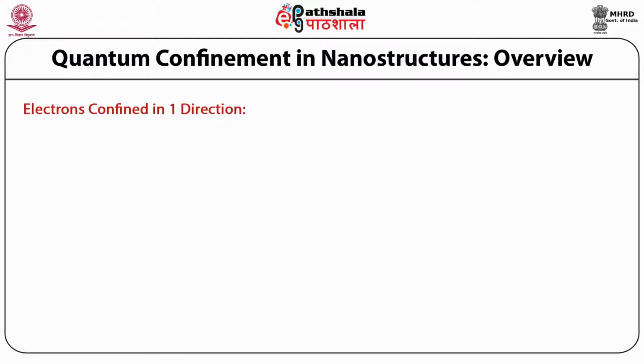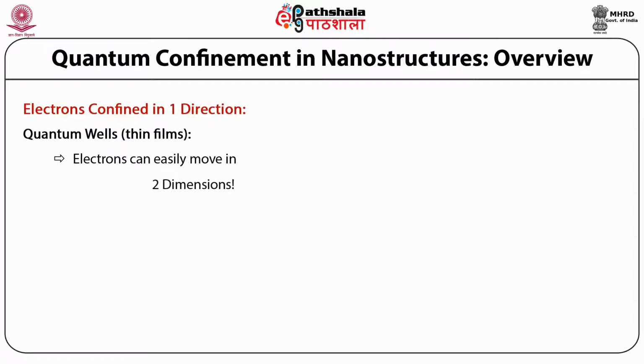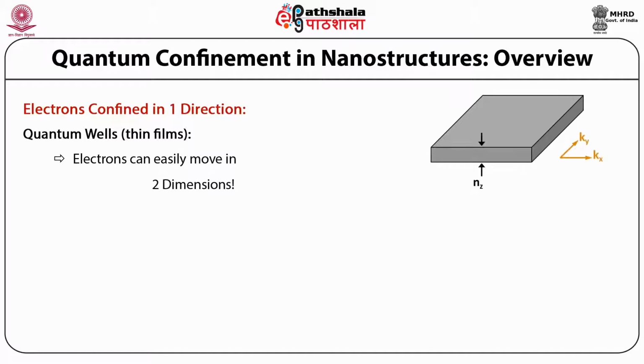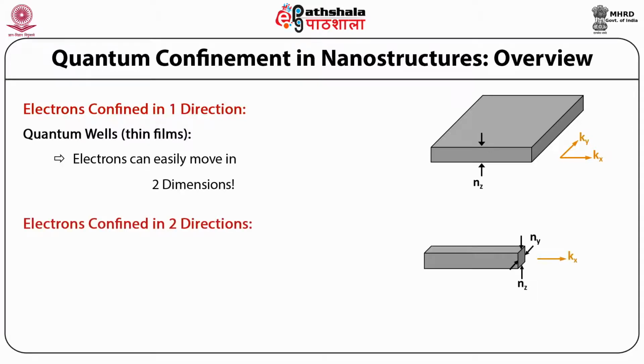Electrons confined in one direction, that is a quantum well, thin films, where the electrons can move in 2 dimensions. This is evident from this figure. The movement directions are given by kx and ky. Next, the electrons confined in 2 directions. These are quantum wires, where electrons can easily move in 1 dimension, that is along kx only.